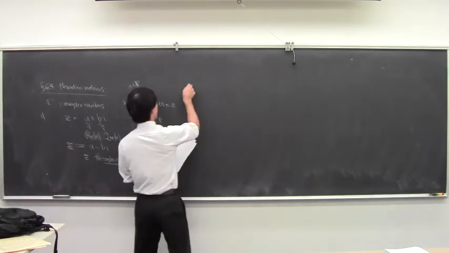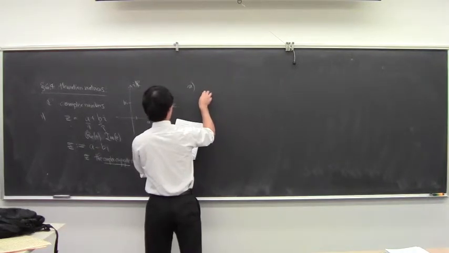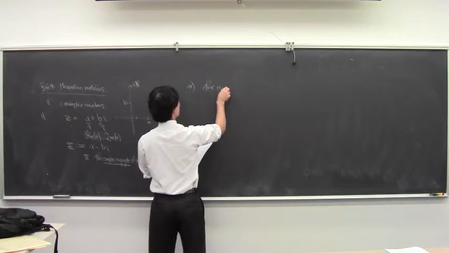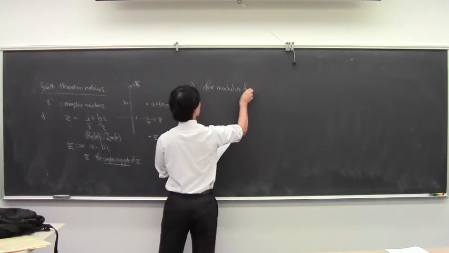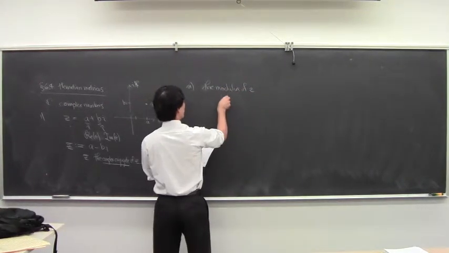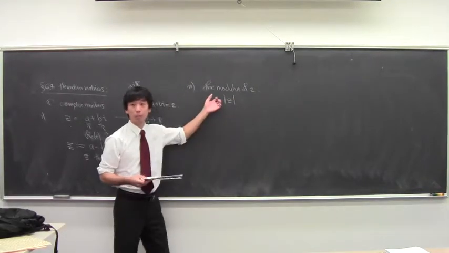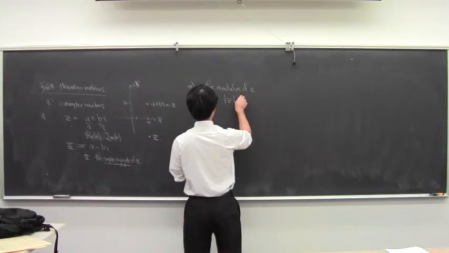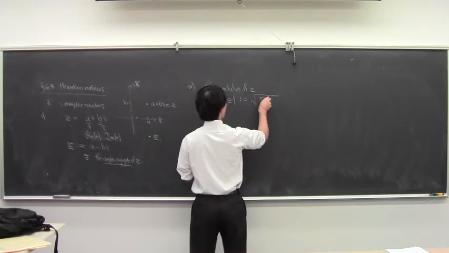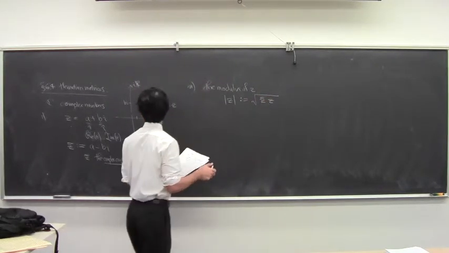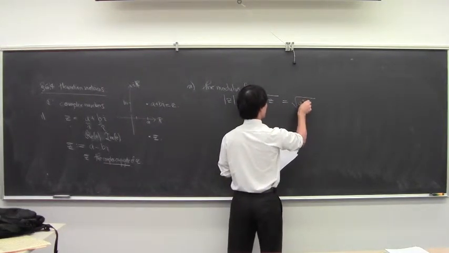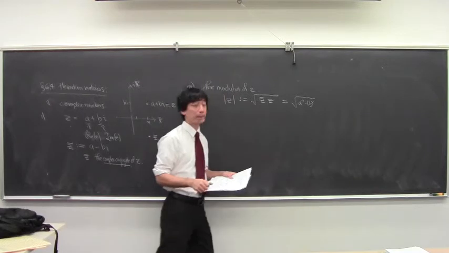Second definition: one has this thing called the modulus of z, which is the norm of z. That's going to be the square root of z bar times z, which, if you work it out, is the same thing as the square root of a squared plus b squared.